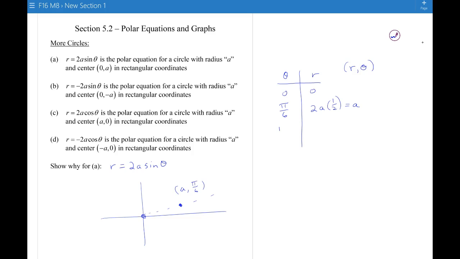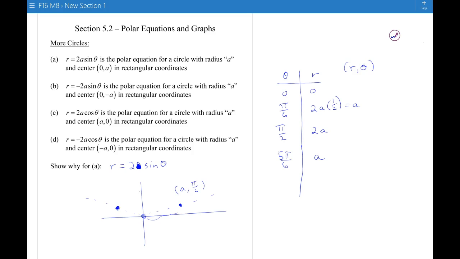Okay, so then let's do pi over 2. And the sine of pi over 2 is 1. So once we get to pi over 2, we're going to be 2a. So whatever this distance is, we're going to be twice that far away from the pole. And then see how when we get to 5 pi over 6, the sine is still positive, and so you're a away from the center.